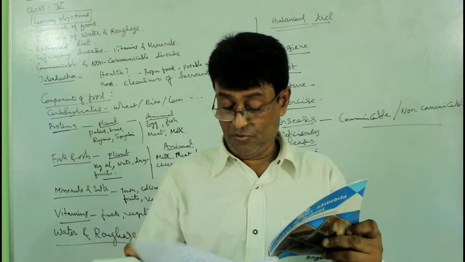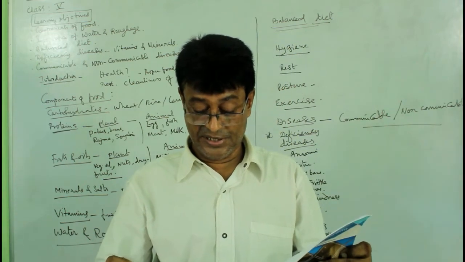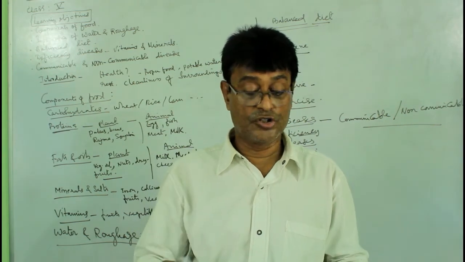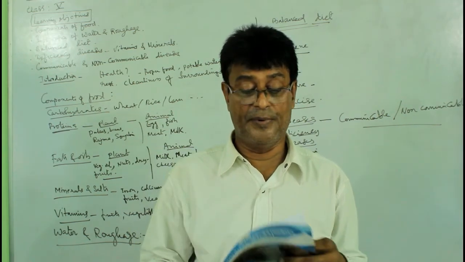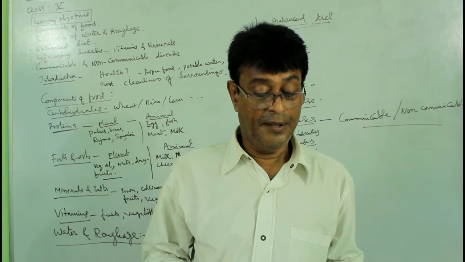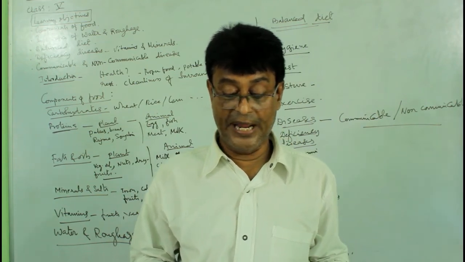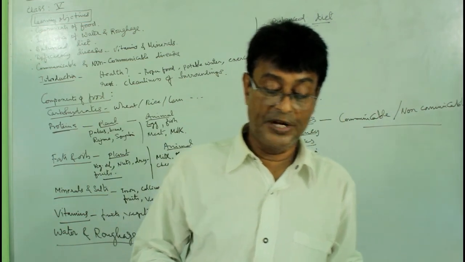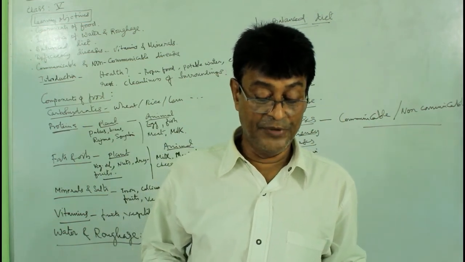Number 7, we can prevent the communicable diseases by sanitizing the house and also letting sunlight come in properly. And purified water should be taken, hands should be washed with soap, and especially after passing stools.